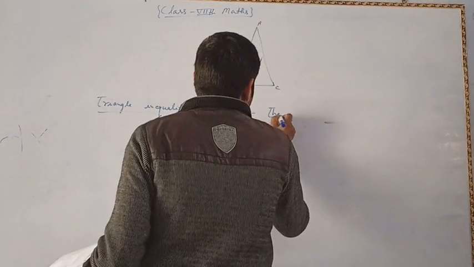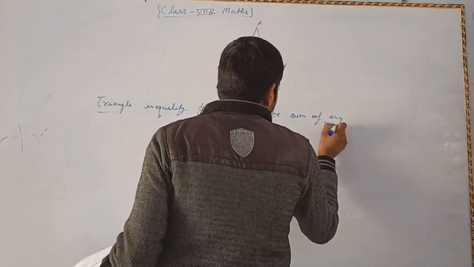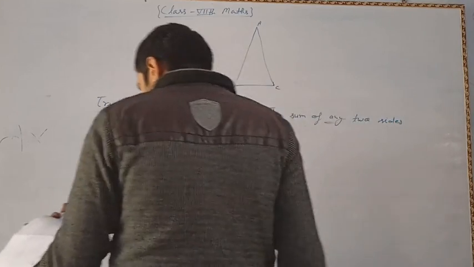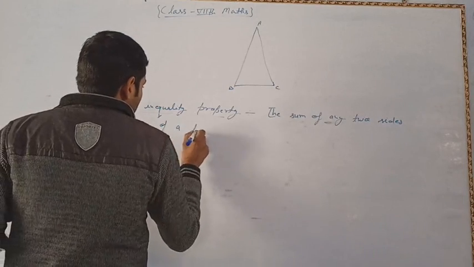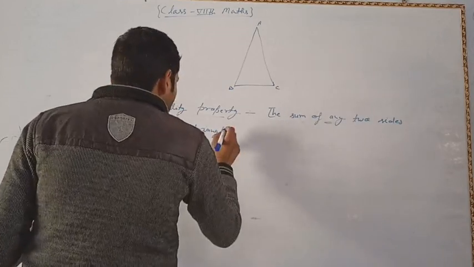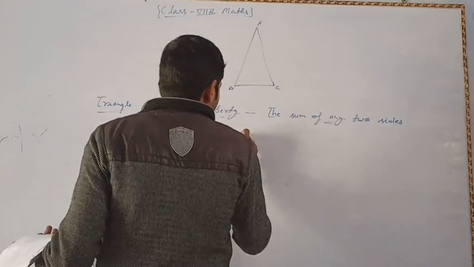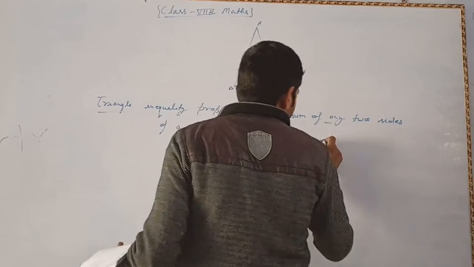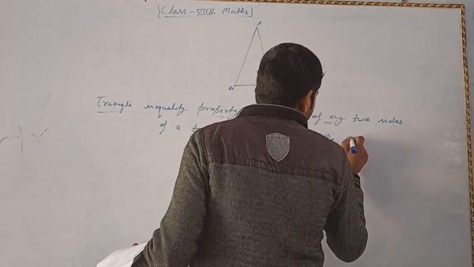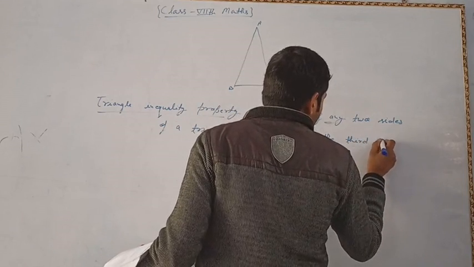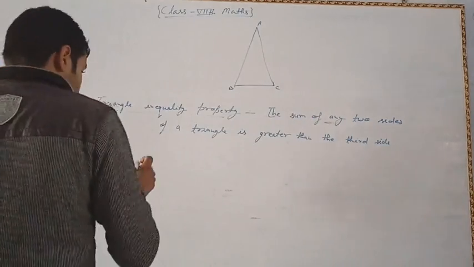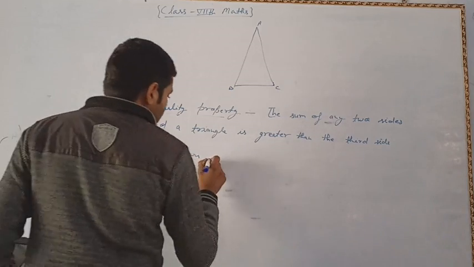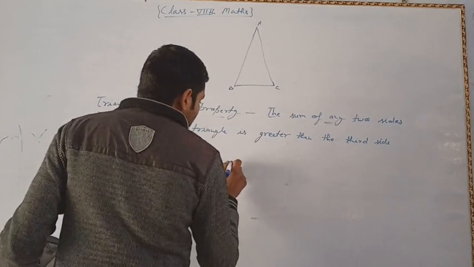The sum of any two sides of a triangle is greater than the third side, that is known as the triangle inequality property.